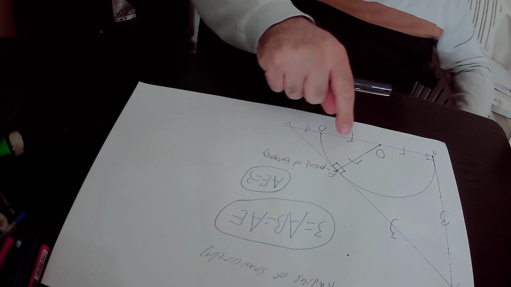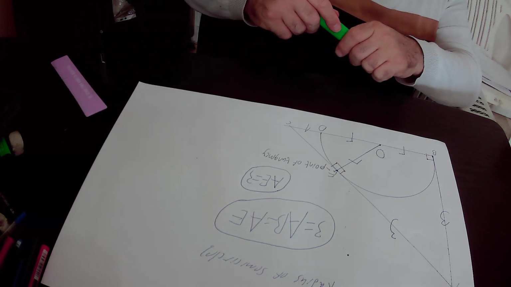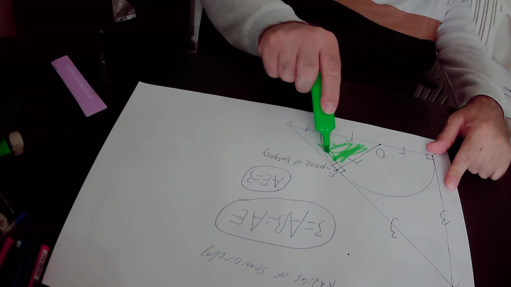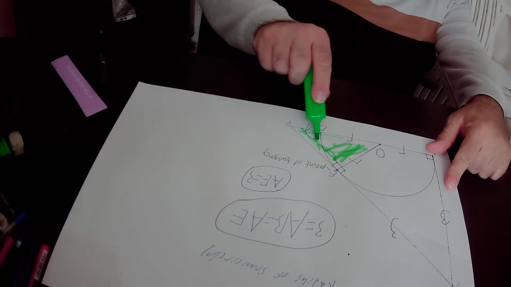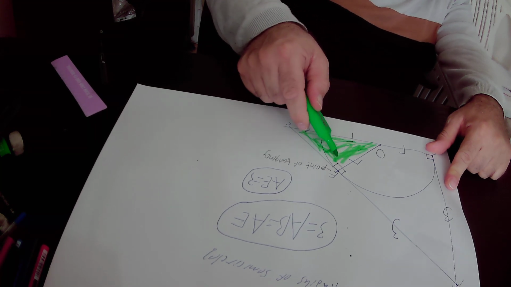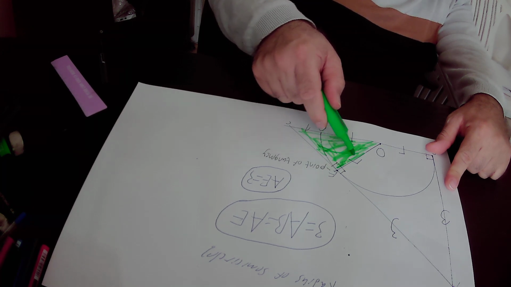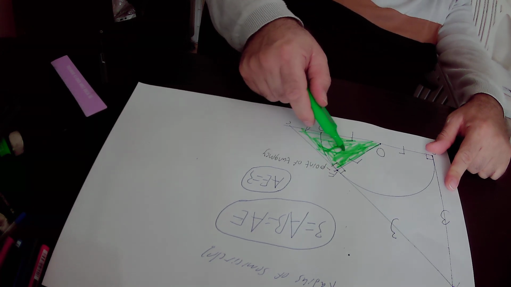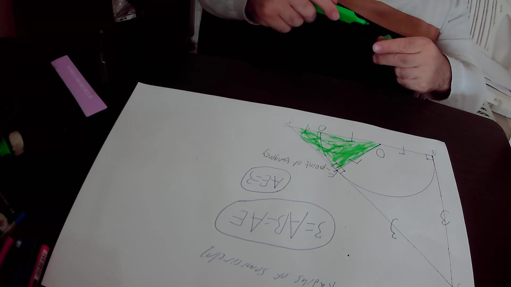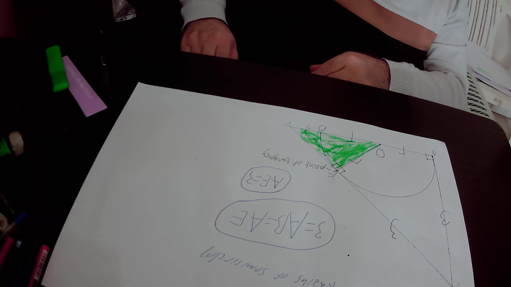Therefore, triangle OEC is a right triangle. Okay, so the green triangle OEC is a right triangle because it has one angle that equals 90 degrees. So we'll focus on the green right triangle, triangle OEC.